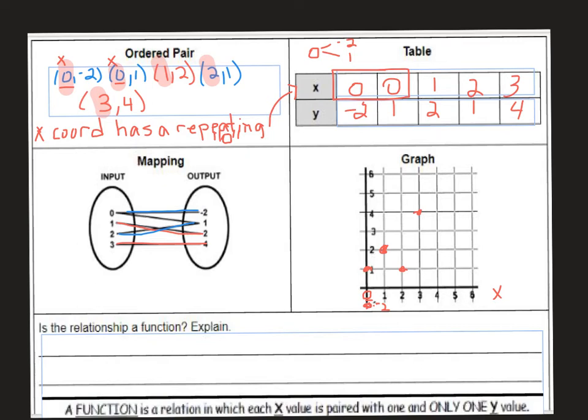Once again, if I take my vertical line test like I did in the previous example, and I go through when x is 0, it is intersecting at not 2 points, not at 1 point, but at 2 points. You can see there are 2 points where that vertical line intersects, which again lets you know that 0 has been assigned the value of -2, the range value of -2 and +1.